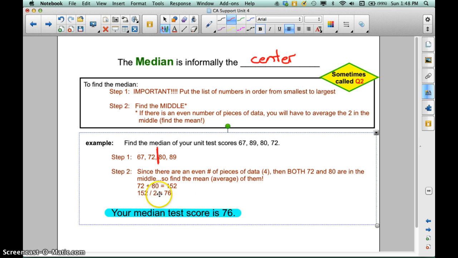You divide by 2 because there are 2 of them, and you get 76. Your mean is 7, which would actually be, I'm sorry, your median is 76. It's the mean of those 2 numbers, but the median of this set of test scores is 76. It is the number in the middle.